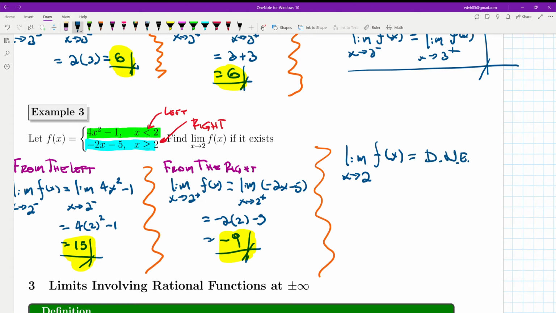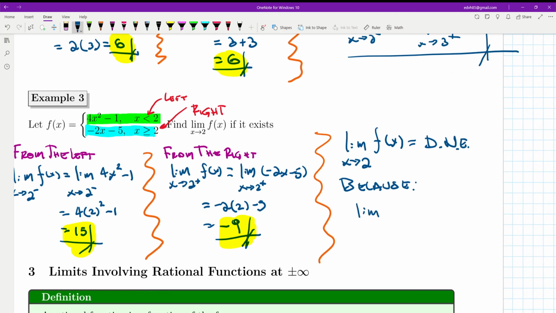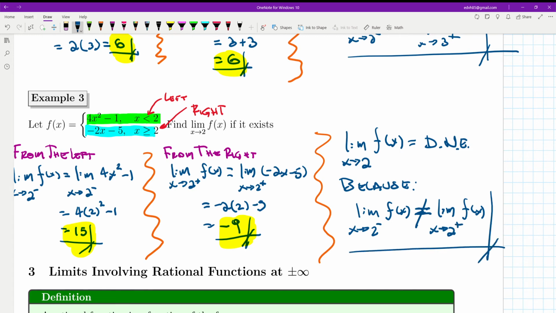And this is because the limit of f of x as x approaches 2 from the left is not the same as the limit of f of x as x approaches 2 from the right. So for this reason, the limit does not exist.